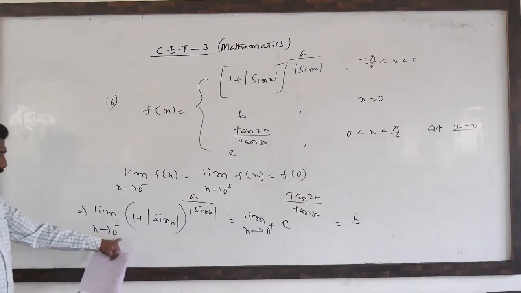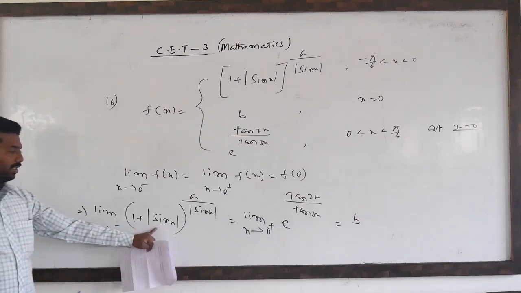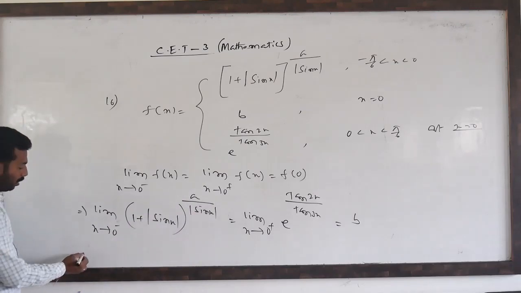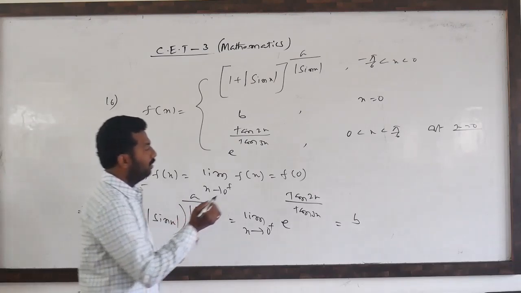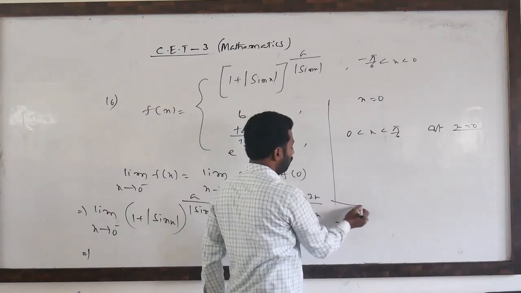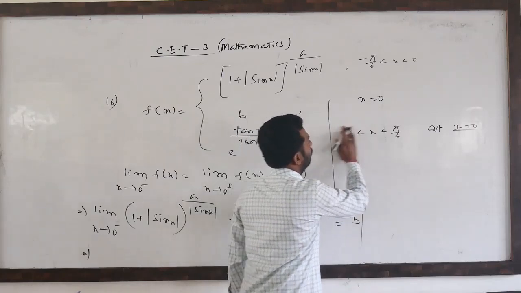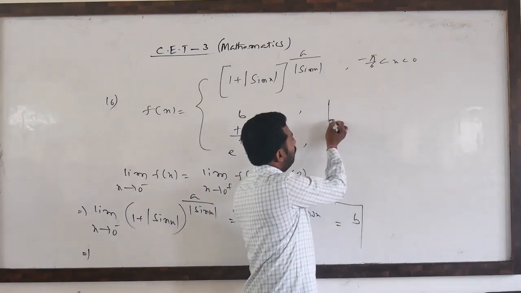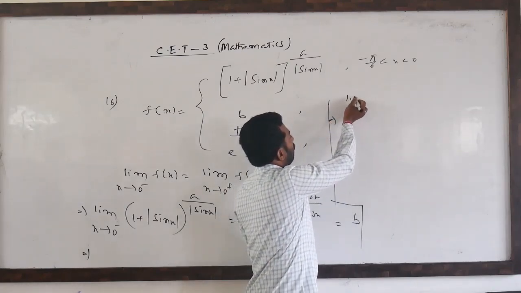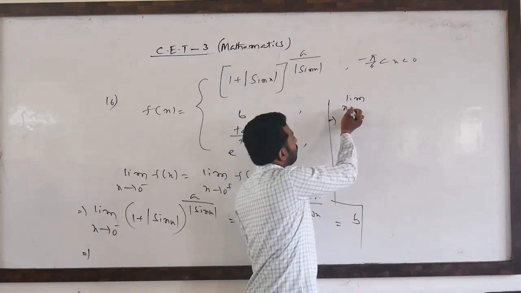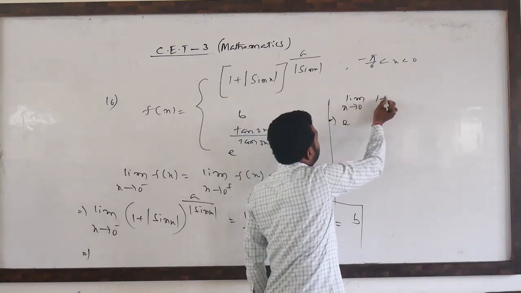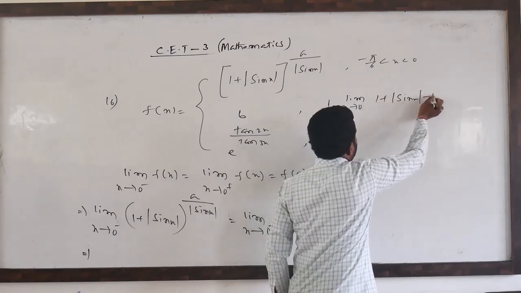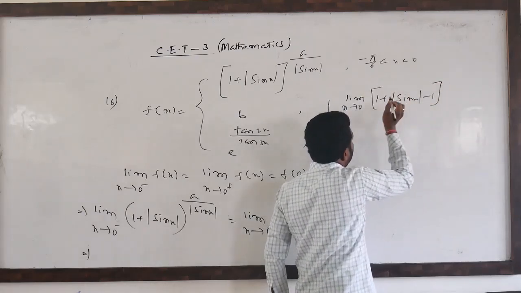Suppose if I substitute x equal to 0, this is 1, this is infinity. 1 power infinity means e to the power limit x tends to 0 of (f of x minus 1) into g of x.